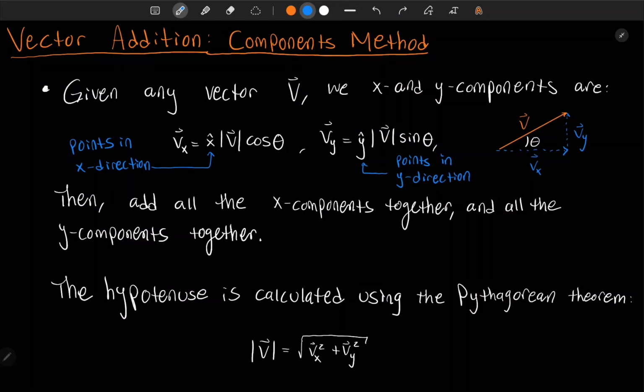So the hypotenuse is just equal to the square root of all of the x components added together and squared, plus all of the y components added together and squared. Once you take the square root, you get the magnitude of the resultant vector. And the direction, the angle, can be computed as well. So let's see an example of this below.